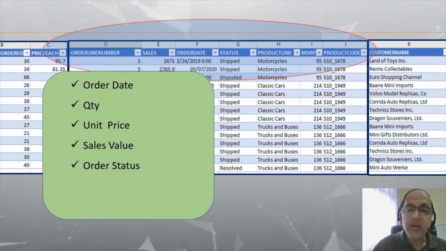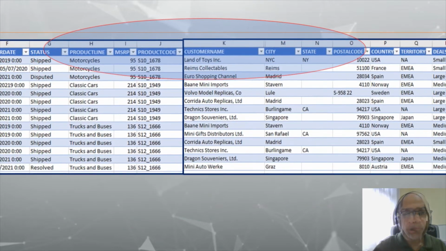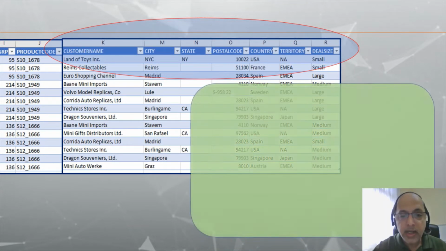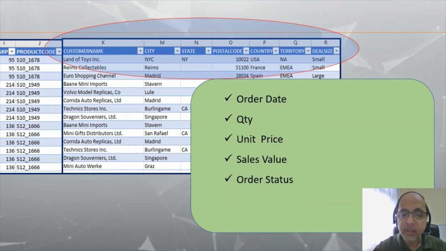Now, in addition to that, we can also see the product line and product are two more fields which may be of interest to us. Look at the last section of the fields. We already identified some of the fields from the previous two sections.